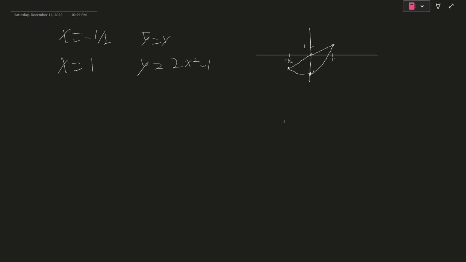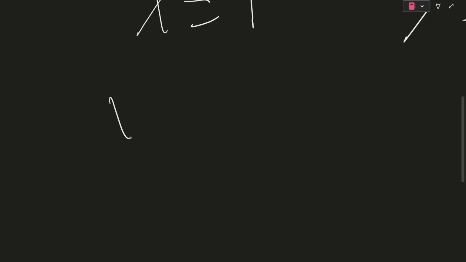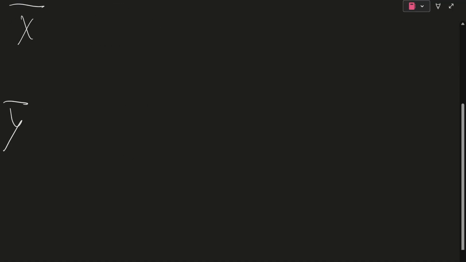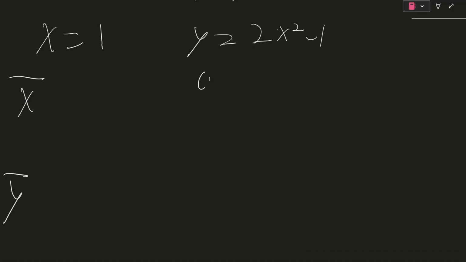Alrighty. So for the first part of the lecture, we're just going to find our function's center of mass, which is traditionally given as a point x bar comma y bar.